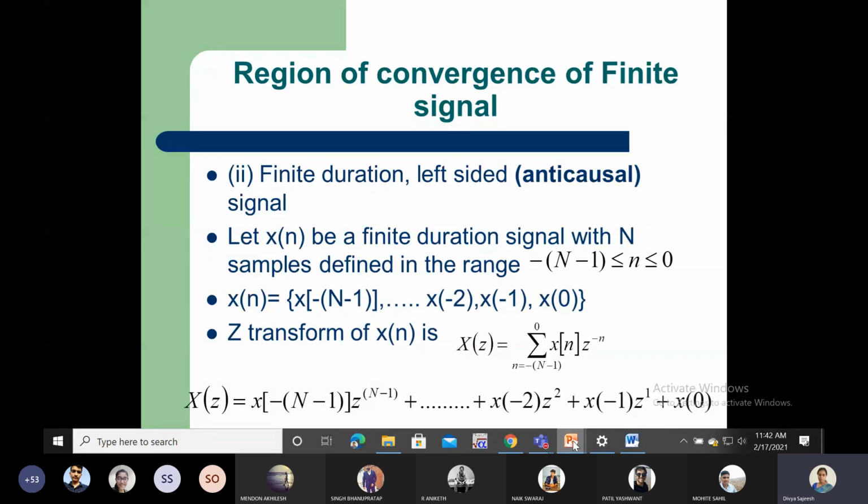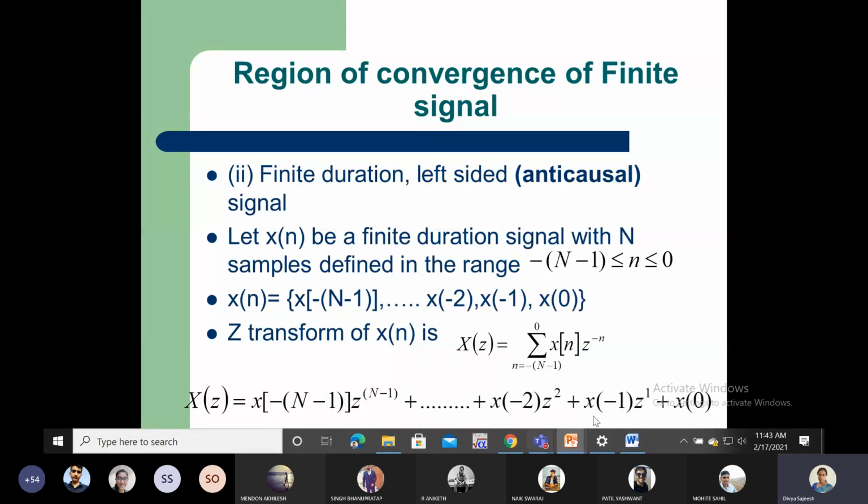So here it will be the entire Z plane except Z equal to infinity, because everywhere the equation is multiplied by Z raised to n minus 1, Z square, Z raised to 1, like that. Only x of 0 we don't have Z. The rest of all terms are multiplied by Z. Then if I put the value for Z as infinity, all terms will become infinite.